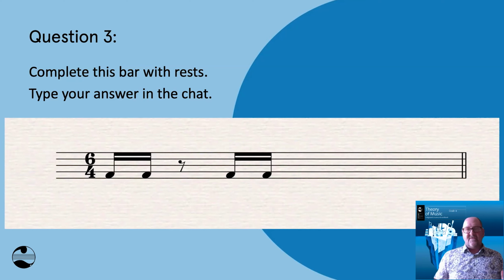So whatever you think it should be, quaver rest, crotchet rest, etc., just type it into the chat and we're going to have a look at your answers. So we're completing this bar with rests. Just give us what you think the correct answer should be. And I know we've got to leave you a bit of time to actually type all this out. So off you go. Let's see what we've got.